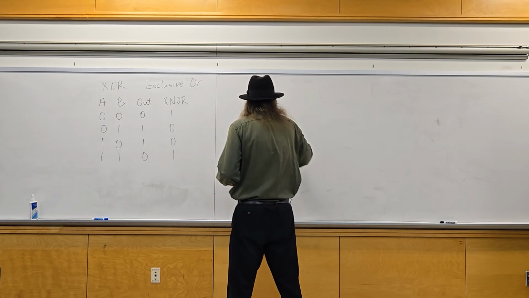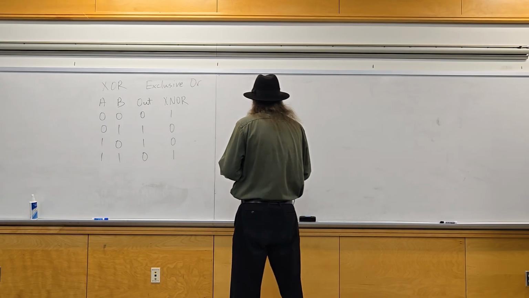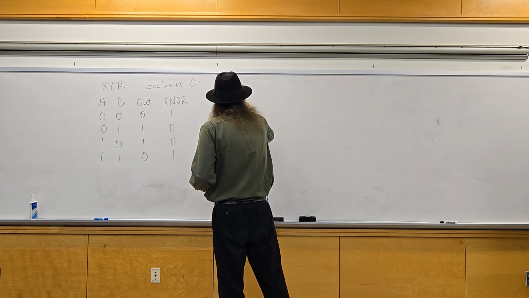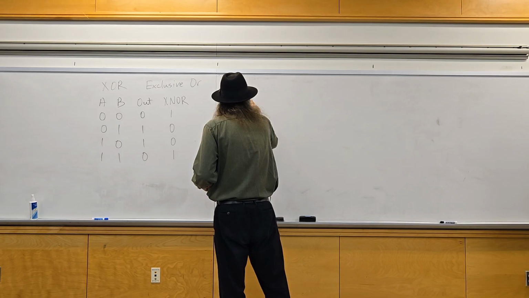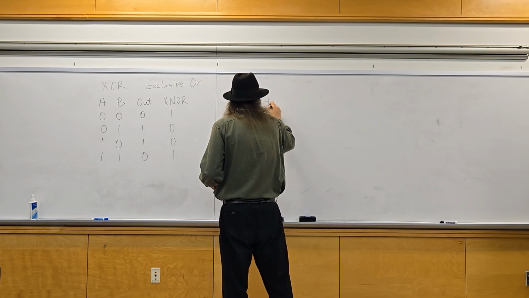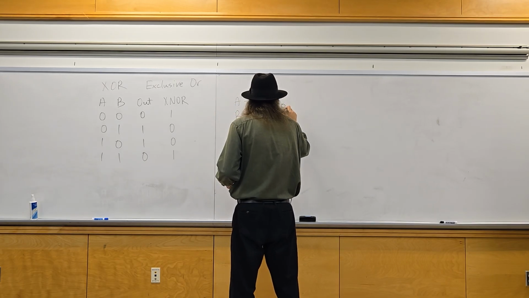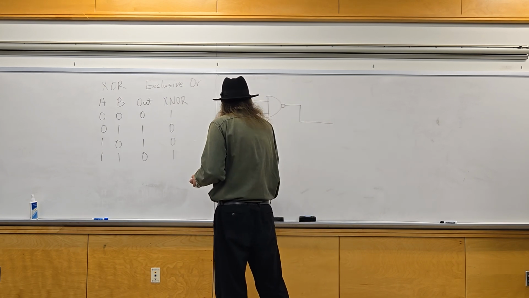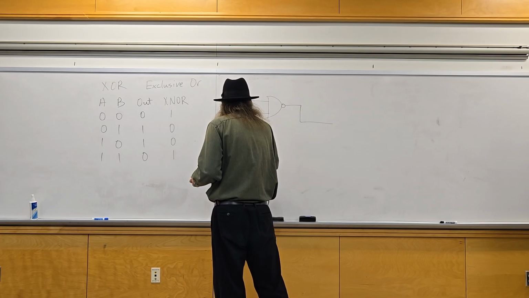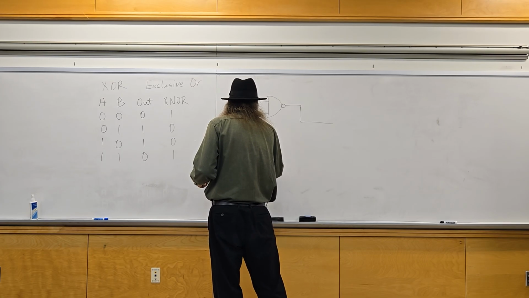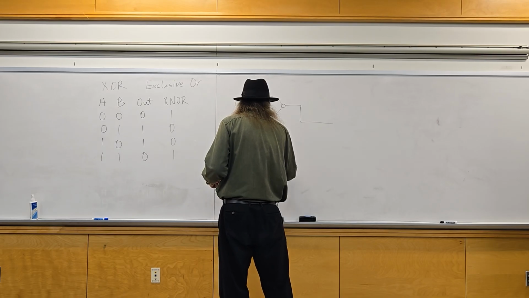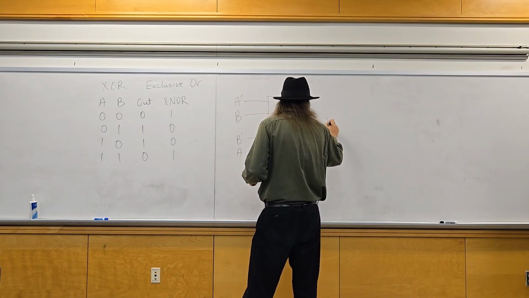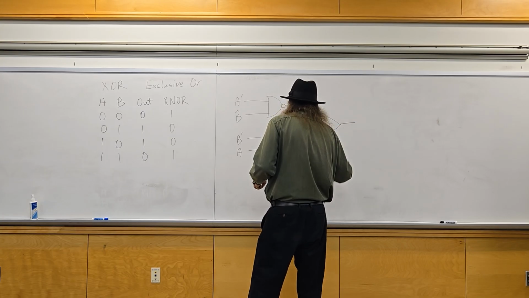It was A, B, A prime B. NANDed together you had, right? And what's the second group? B prime A? And that was ANDed together, right? And then ORed.